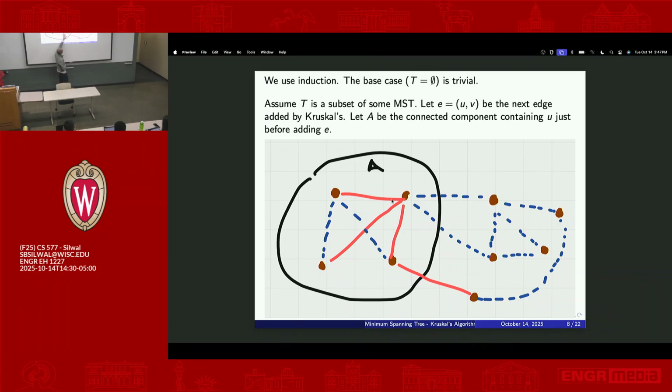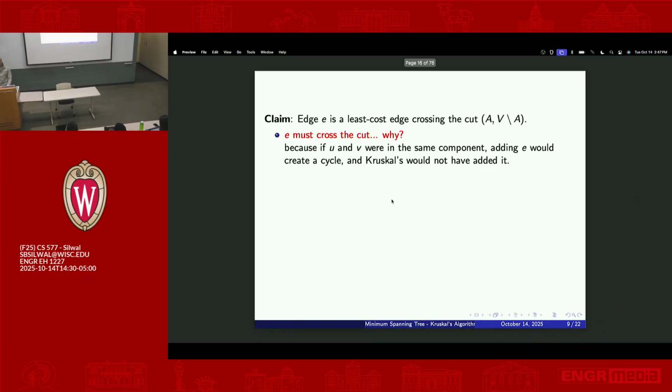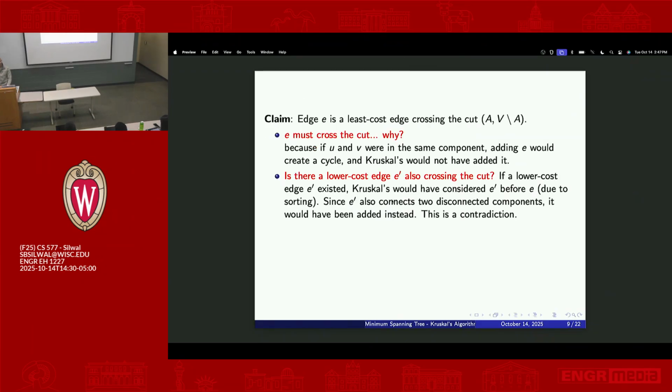And it must be the lightest edge, because if another edge was lighter that was crossing the cut, that would have been added first already. Okay. So it seems like a very slick proof, but it's actually pretty interesting. If you didn't understand it, go home and try to think why these two properties are true. Questions?